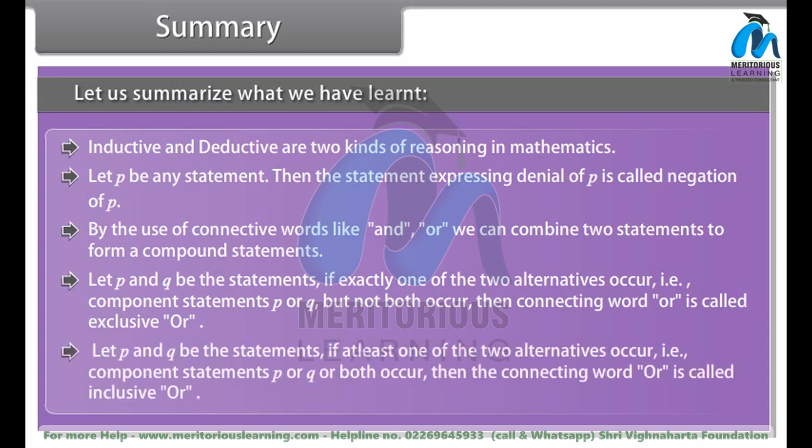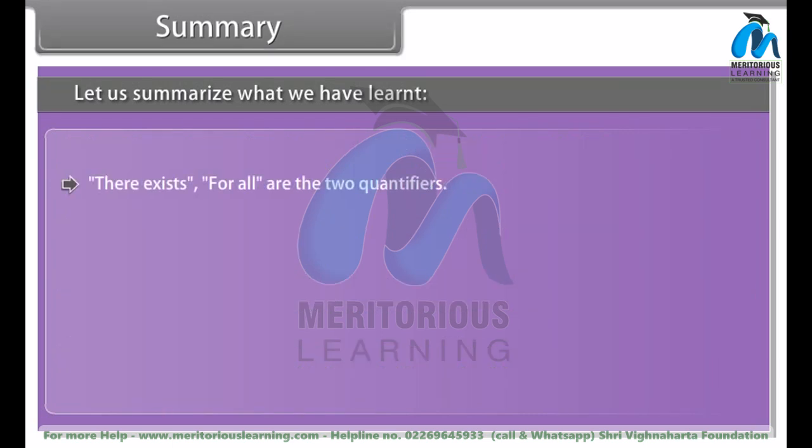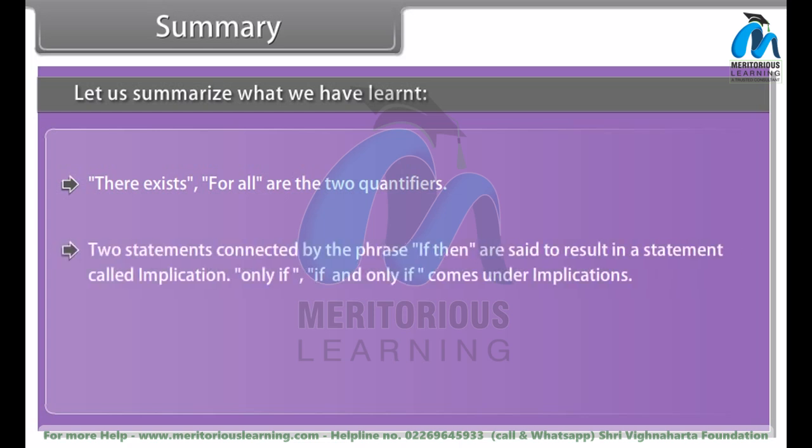If at least one of the two alternatives occurs, that is, component statements P or Q or both occur, then the connecting word or is called inclusive or. There exists and for all are the two quantifiers. Two statements connected by the phrase if-then are said to result in a statement called implication.